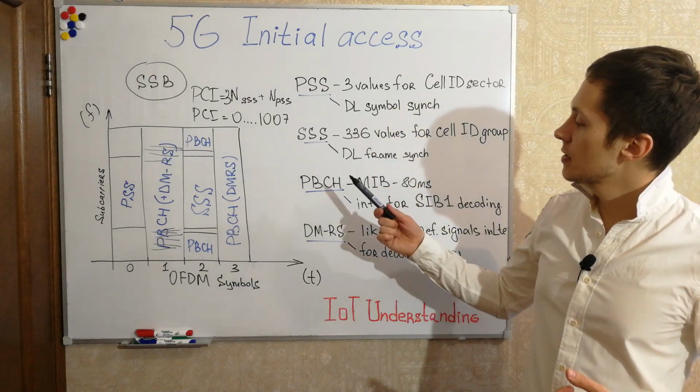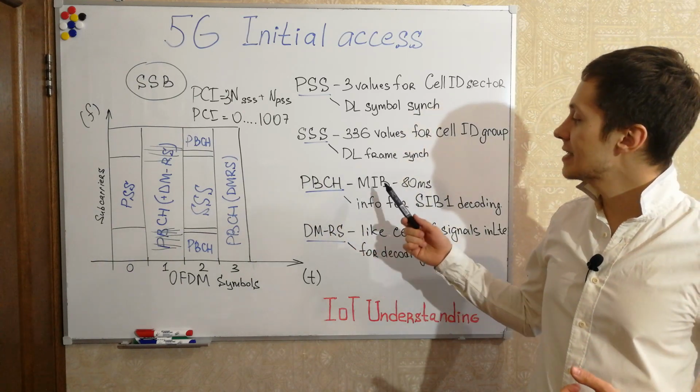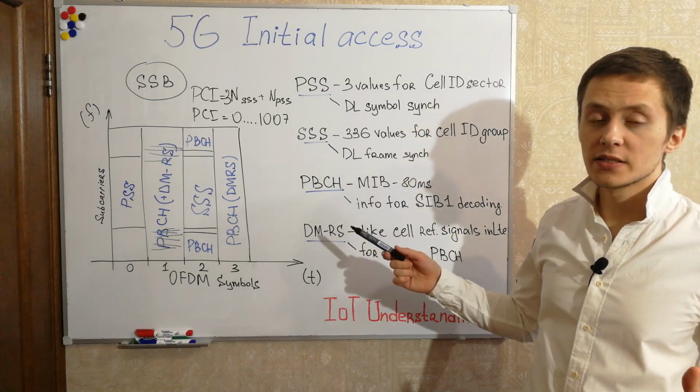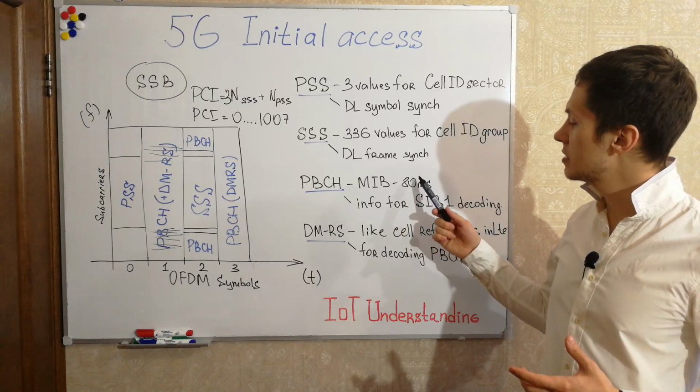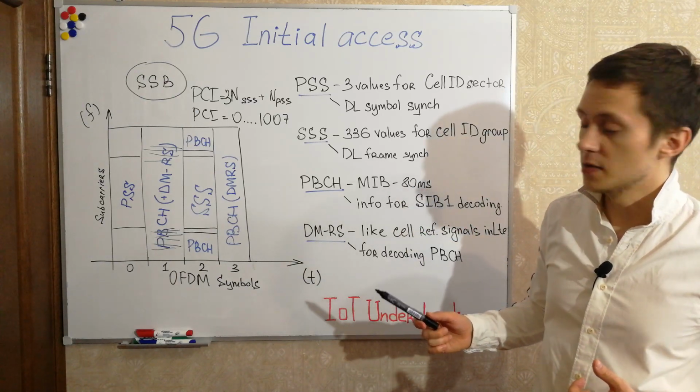So the next signal is the physical broadcast channel. It contains MIB, like in LTE, and like in LTE, it has 8 millisecond periodicity.